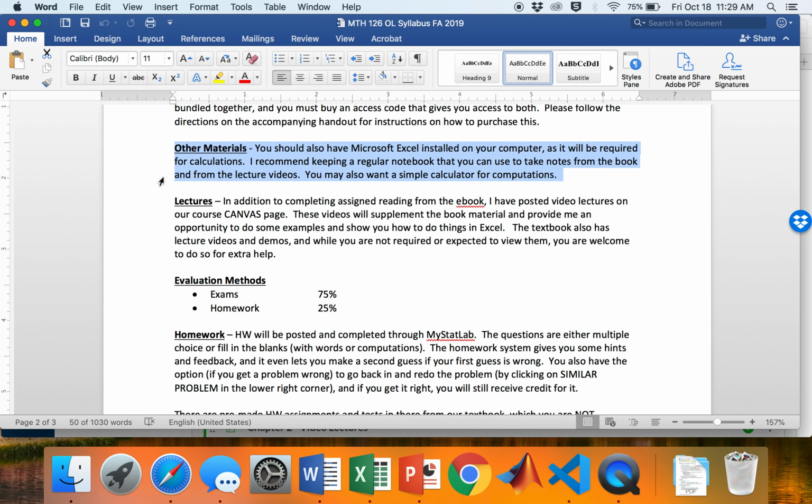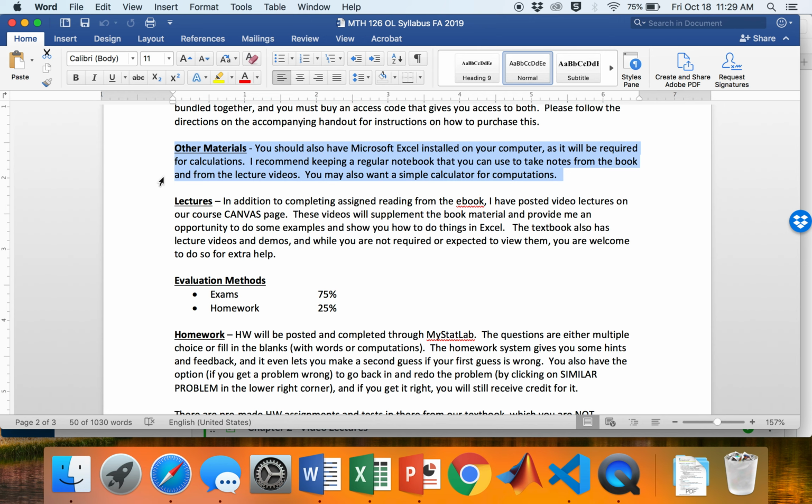So hopefully you already have Microsoft Excel. It's pretty standard software. If you don't, there are computers in our library or wherever you might be located. There's probably computers in some library that have it on there, or maybe you have it on your computer at work or something like that.